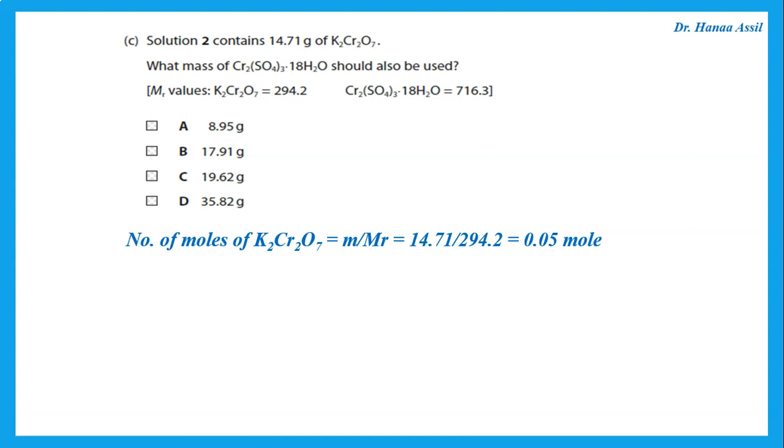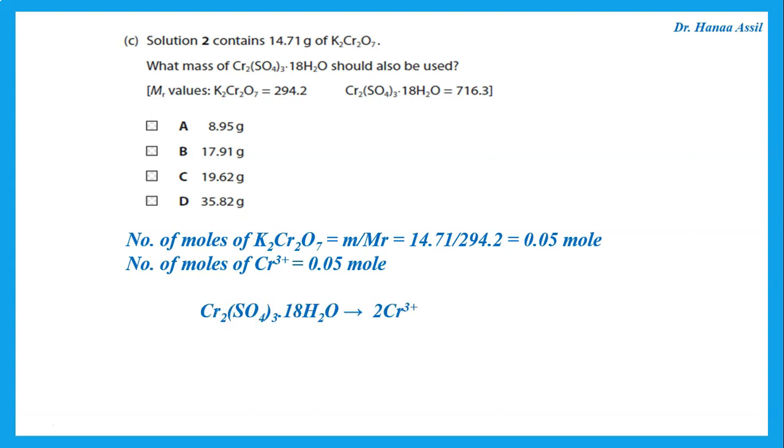So 1 mole of potassium dichromate will give 1 mole of Cr2O7. So if we have 0.05 mole of K2Cr2O7, then the number of moles of the chromium 3+ must also be 0.05 moles so that they are equal concentrations.